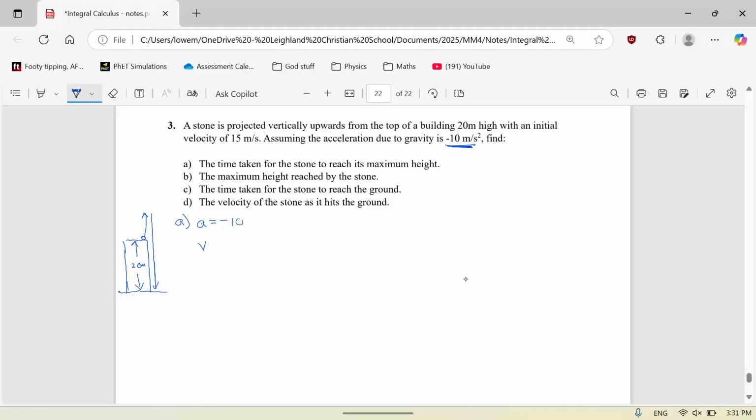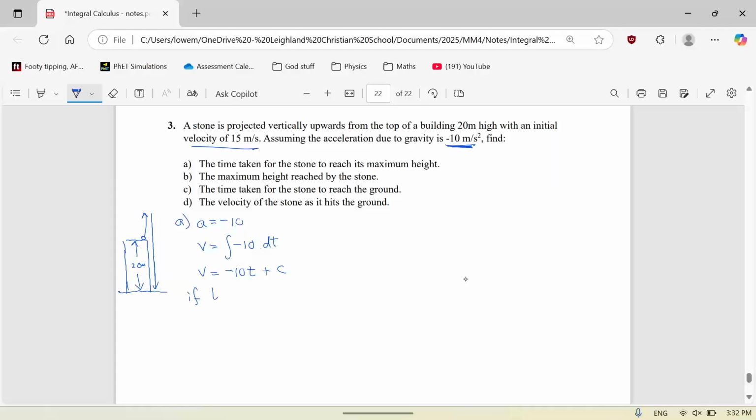So then our velocity is going to be the integral of negative 10 dt. So velocity then will be negative 10t plus c. Now we know that it has an initial velocity of 15 metres per second.